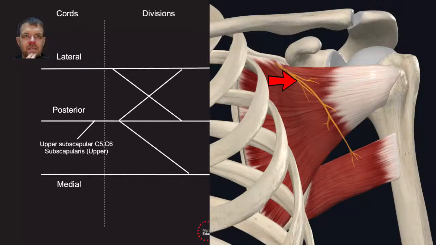And you can see as it comes down and innervates your subscapularis muscle just here. Okay, so upper subscapular, C5 and C6, subscapularis, or the upper part of subscapularis. So that's the first nerve we're going to look at on that posterior cord.